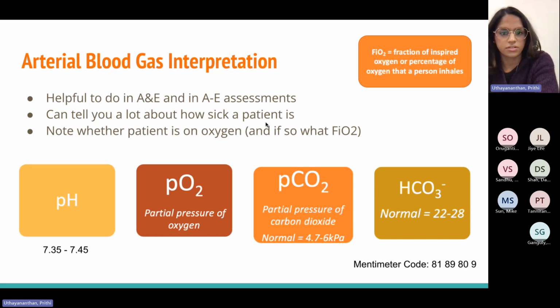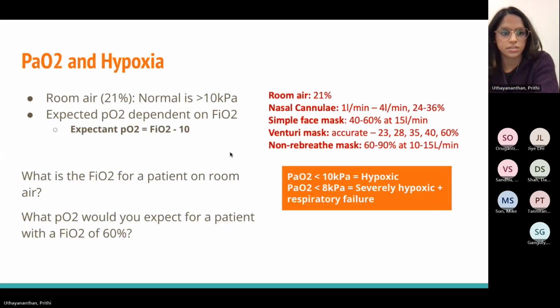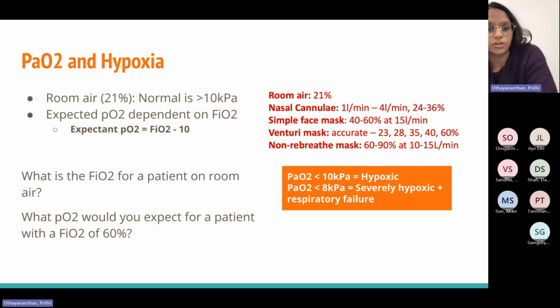If I go to the next slide, on room air, around 21% is oxygen. And so we work out the expected PO2 by minusing 10 from the FiO2. In this case, the FiO2 would be 21% on room air, so minus 10 would be 11. And so normal is above around 10 kPa.